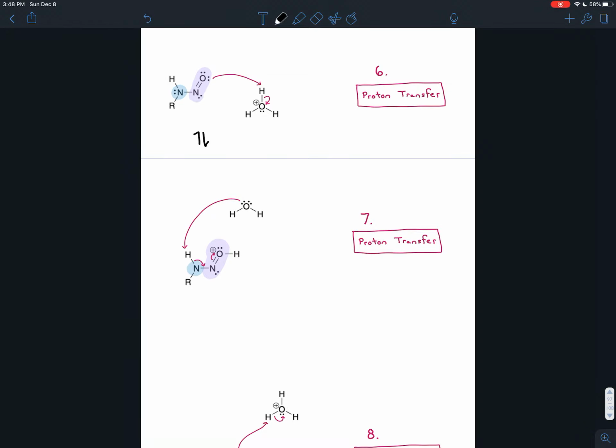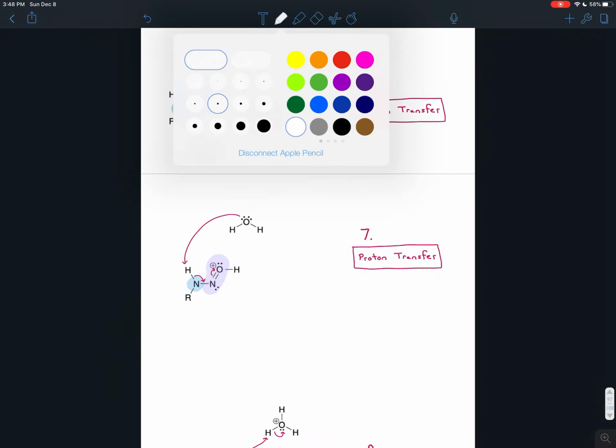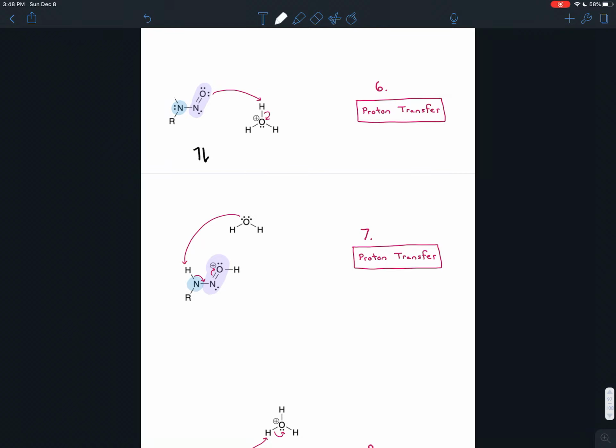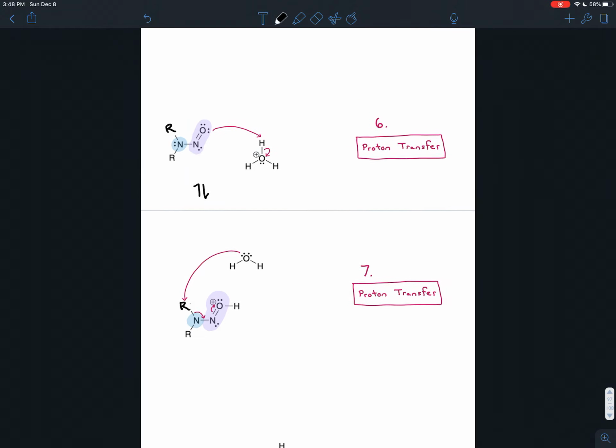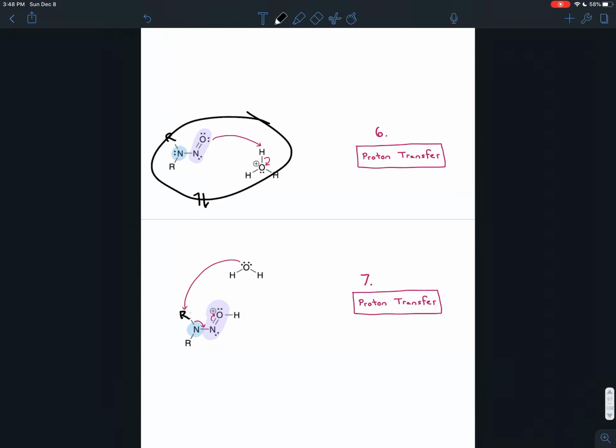If the original amine only had 1 hydrogen, so that was not a hydrogen there, but rather another carbon chain, then the reaction could not proceed beyond this step. Now sure, you could protonate this, but that then wouldn't react at all, and so the majority of your product would be this right here.